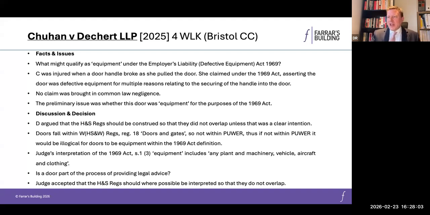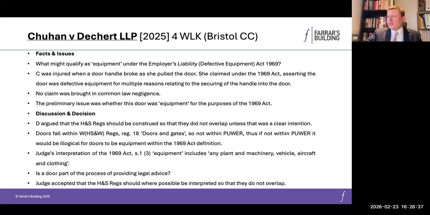The court's analysis was firstly based on an interpretation of the words of the Act, unsurprisingly. The court held that the words could possibly expand what equipment might mean, but not restrict the ordinary meaning of equipment. However, none of the words in Section 1.3 of the 1969 Act are particularly apposite to incorporate a reference to doors, because Section 1.3 defines equipment as any plant or machinery, vehicle, aircraft, and clothing.